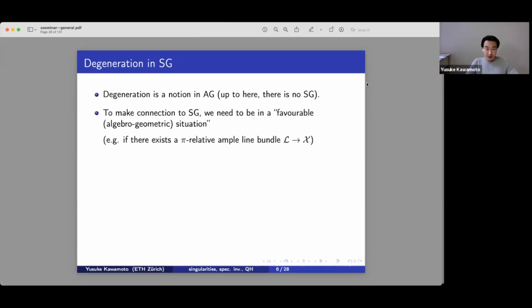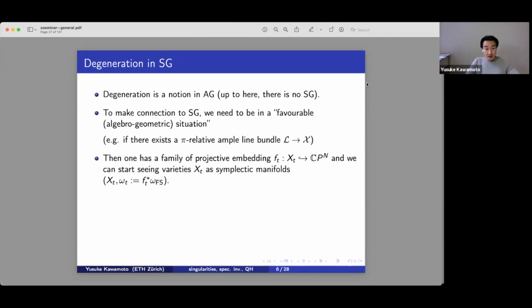I'm not going to talk a lot about this, but for example, you have to have some nice ample line bundle on the total space or something. If you're in such a favorable situation, then you can construct a projective embedding of all the fibers.